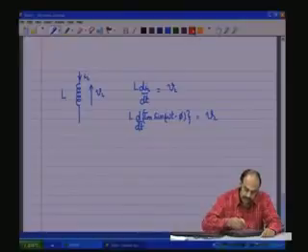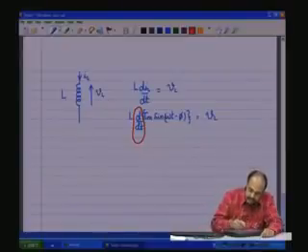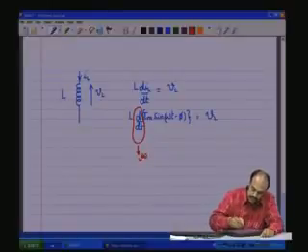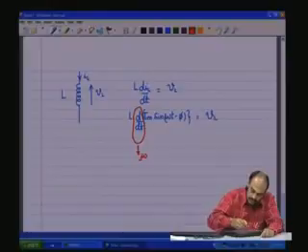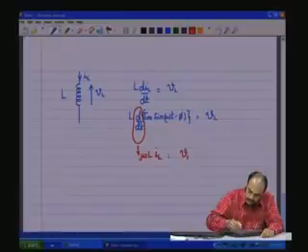Now, along the same lines we have a d by dt, and I can replace it by j omega. So, you have j omega L times Im sin omega t, which is IL, equal to VL.